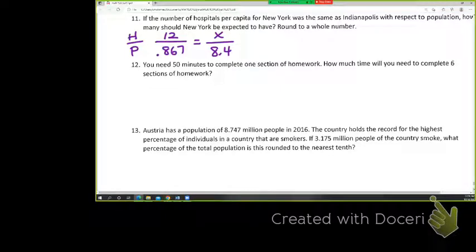So I came up, what's our question? How many, so I came up with 116.3, so round to the whole number, so 116. Did anybody else work that out? Did you get the same thing?